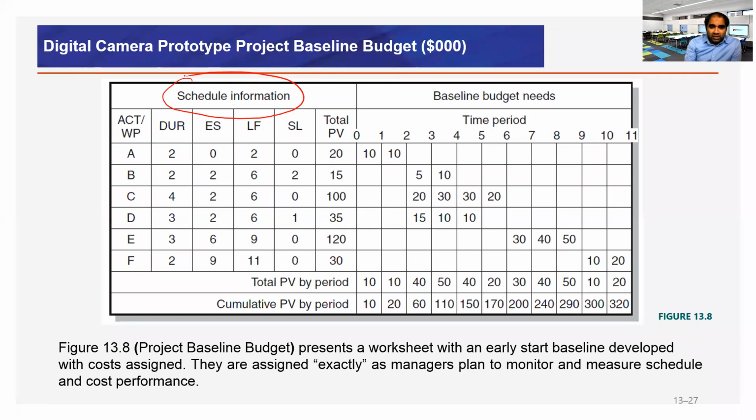And how can we interrelate that with the baseline budget? For every work package or activity, starting from A, we have duration, early start, late finish, slack, and total PV. Where does it come from?